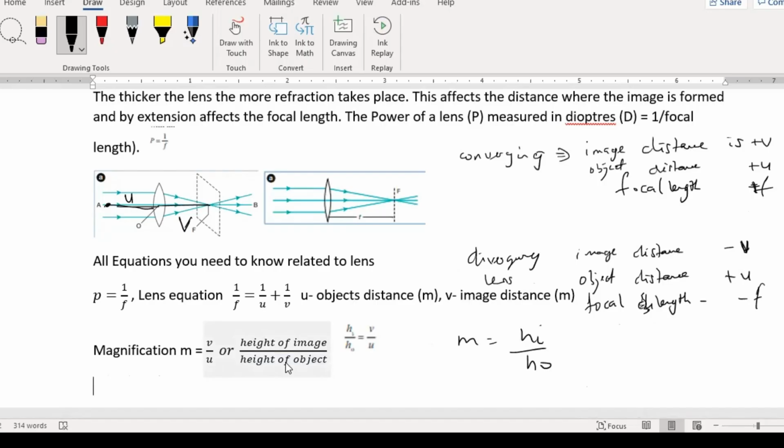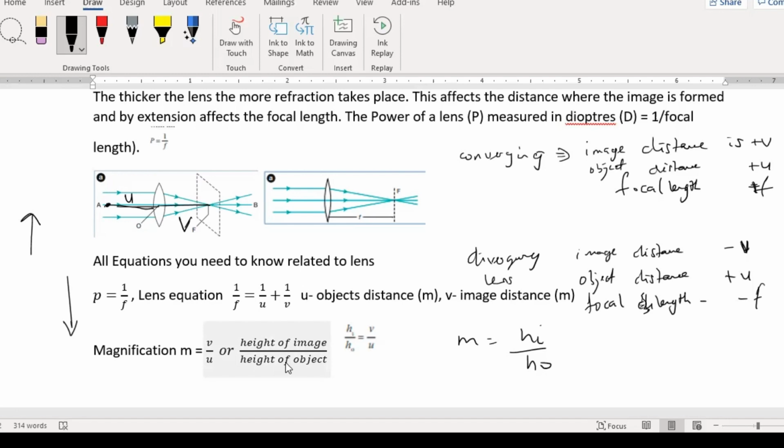If you get a graph, you would just use your ruler to measure the object's height vertically upwards, and if the image is down this side, you measure it as such. You just measure the centimeters on the graph. That would be your height from the principal axis.